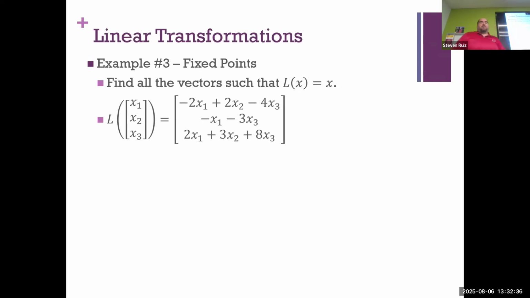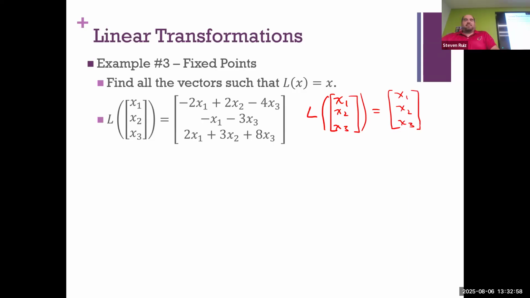So what I'm looking for is the generic family of vectors that when I do this, x1, x2, x3, that gets sent to x1, x2, x3. So I don't think this is like anything we've done before.